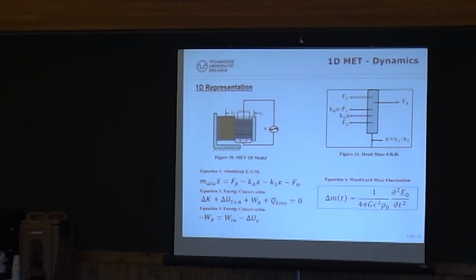So all of these forces also give rise to energy components, and if we look at Woodward's equation, which indicates a mass fluctuation due to the change in internal energy density of the Woodward thruster, my question is which part of these energy components gives rise to that mass fluctuation?